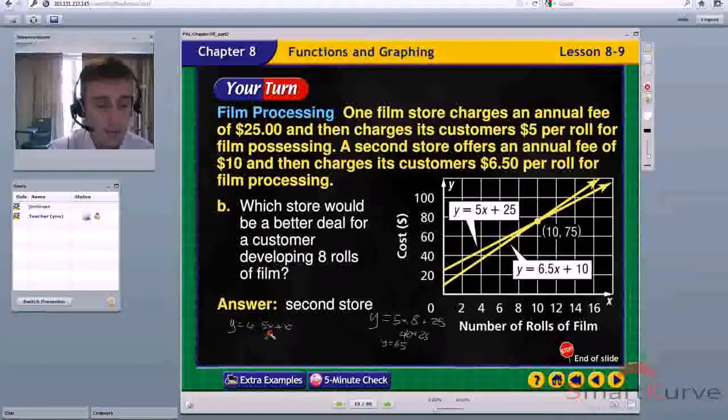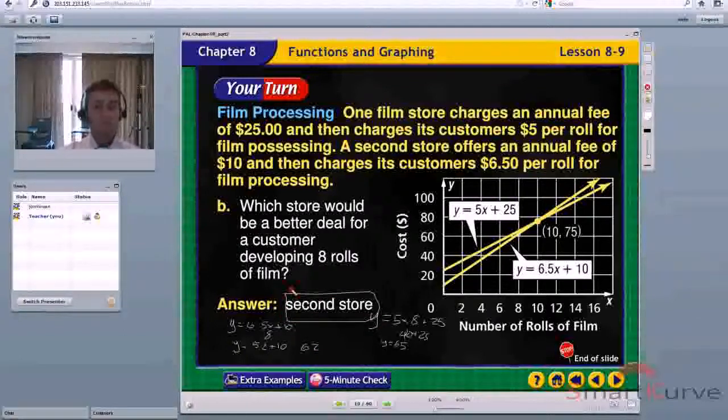We're using 8 rolls of film, so 6.5 times 8 is 52, plus the $10 annual fee. The price would be $62. The price at the second store is less. So if you're going to process 8 rolls of film in a year, then the second store is a better deal.